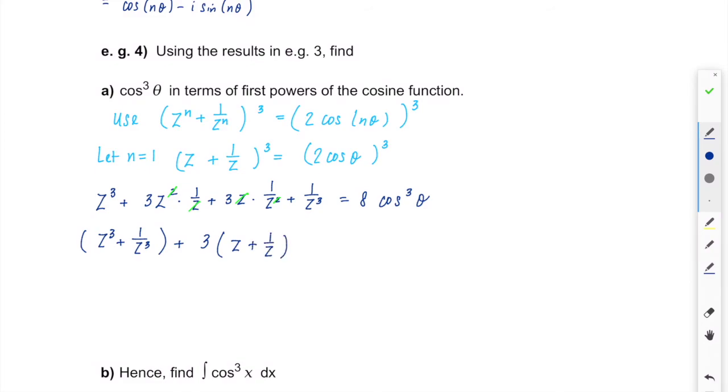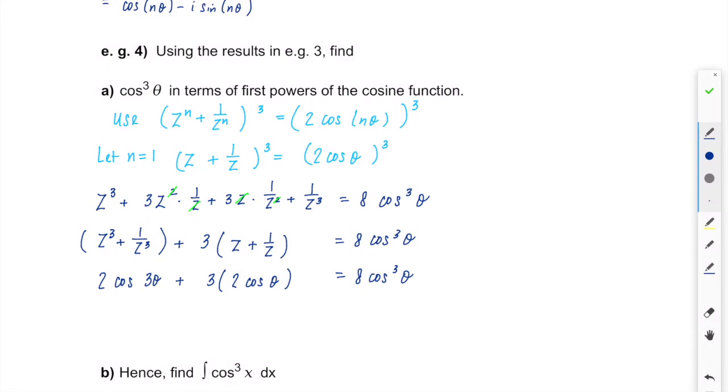What do you notice? These are expressions that we're familiar with, right? z cubed plus 1 over z cubed is 2 cos 3 theta, plus 3 times z plus 1 over z, which is 2 cos 1 theta.